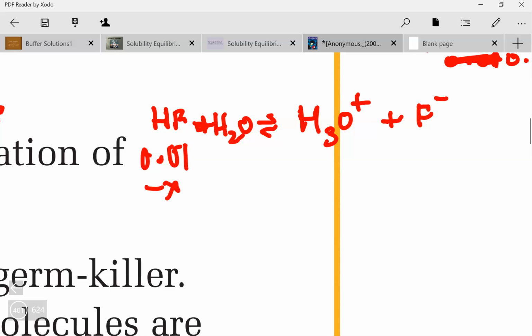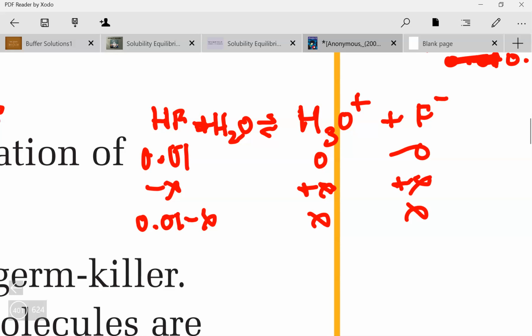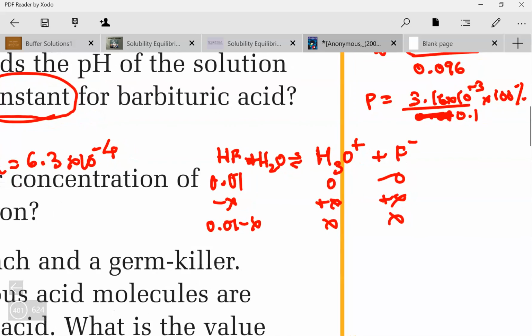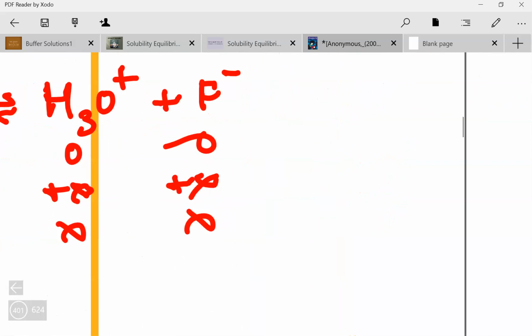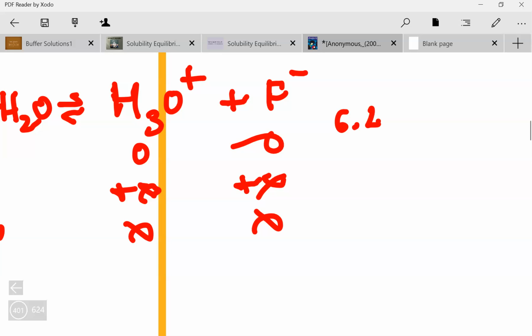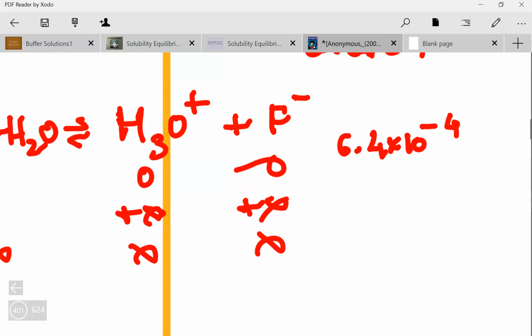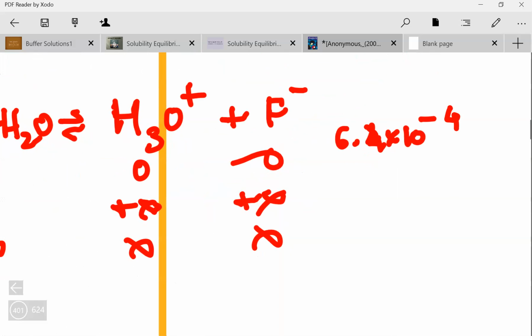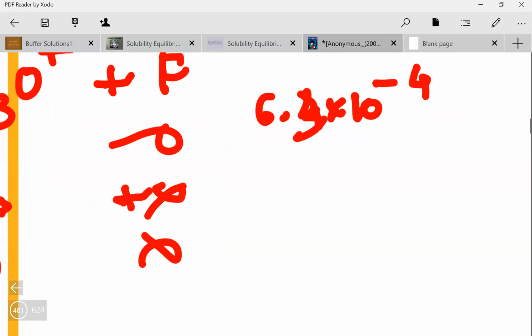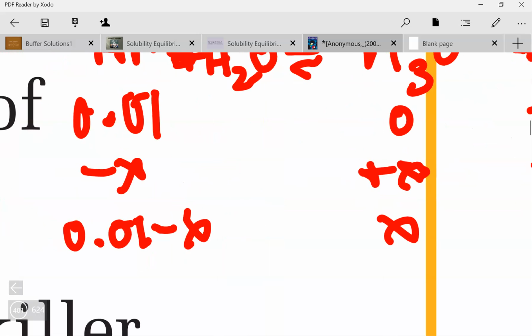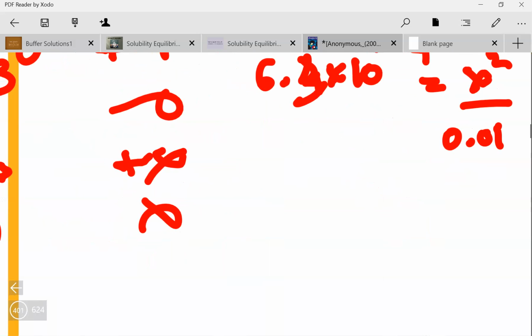0.01 minus x, 0.01 minus x, 0, 0, plus x, x, x. Well, okay, that's okay. We'll power through this. 6.3 times 10 to the power of negative 4 equals x squared divided by 0.01 minus x.